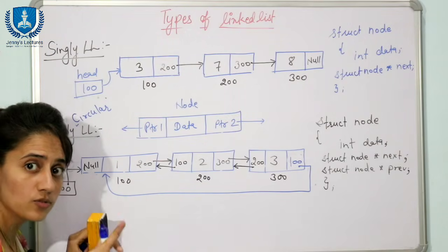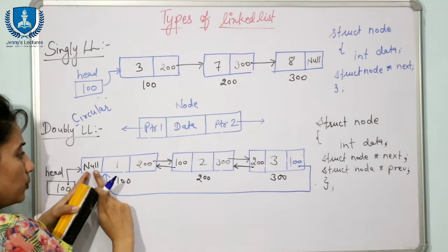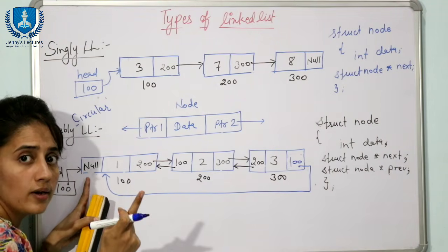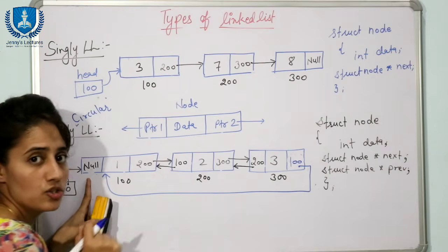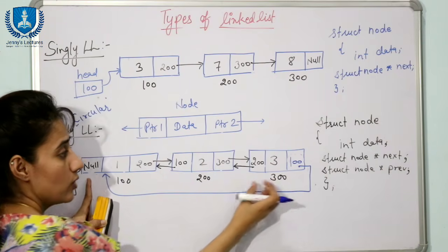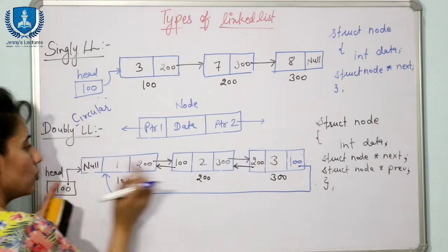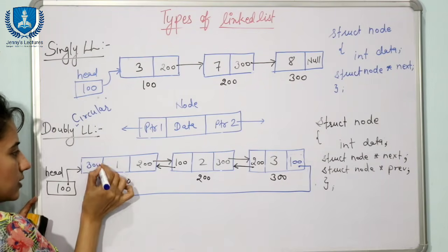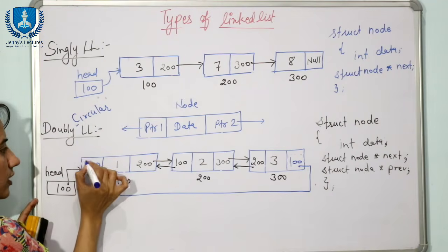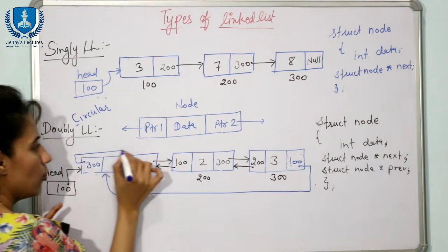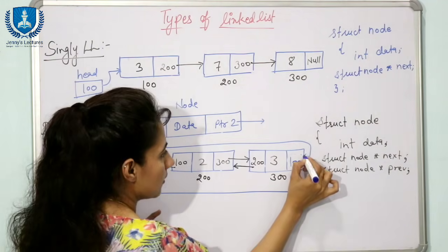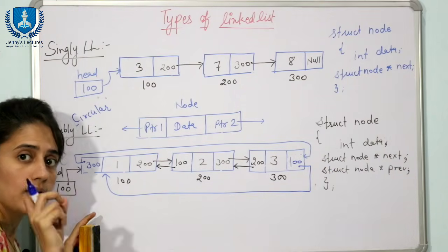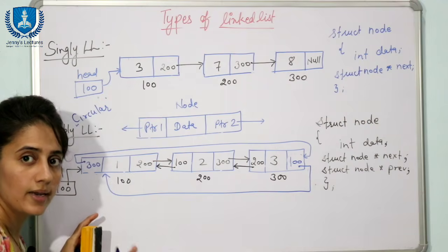Plus one more thing: the previous pointer of the first node is going to point to the last node. The address of the last node is 300, so it is going to store 300 here, in the previous pointer of the first node. It means this is going to point here. This is now a doubly circular linked list.